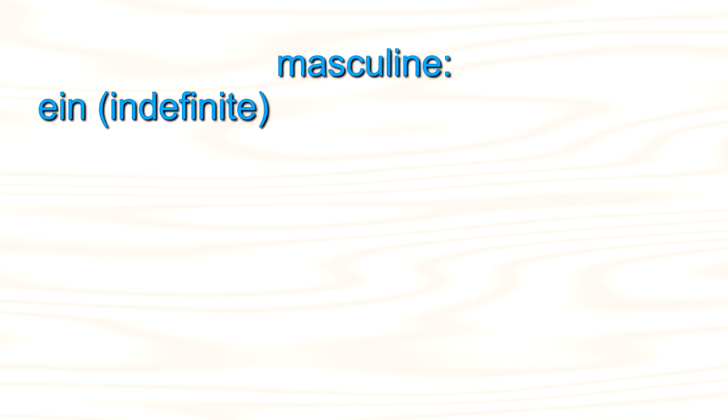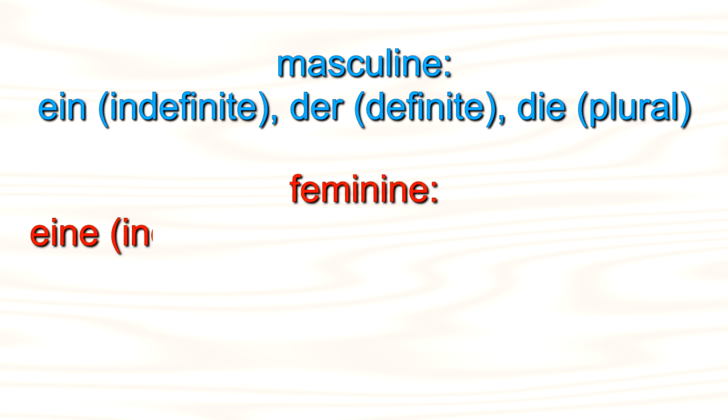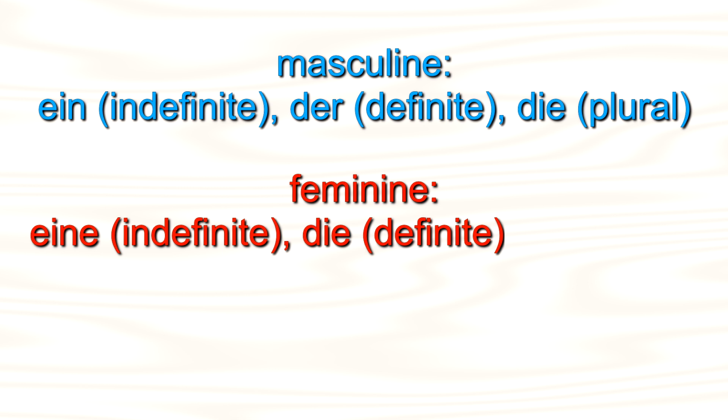So let's recap. For masculine nouns, we have ein in the indefinite, der in the definite, and die in the plural. For feminine, we have eine in the indefinite, die in the definite, and also die in the plural.